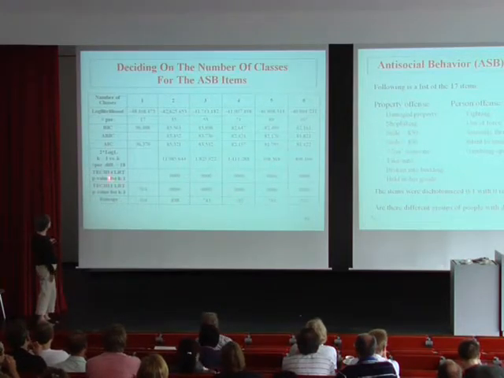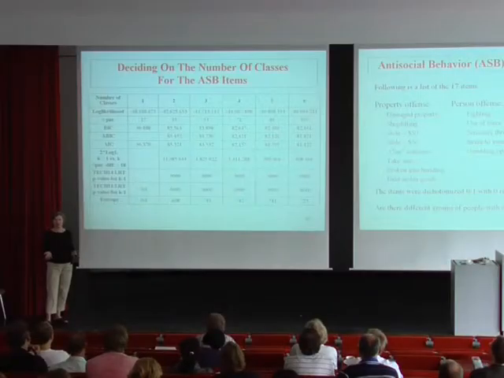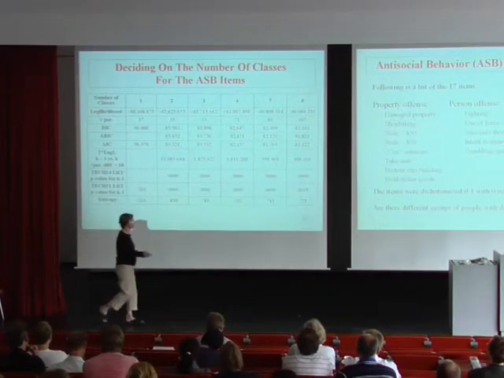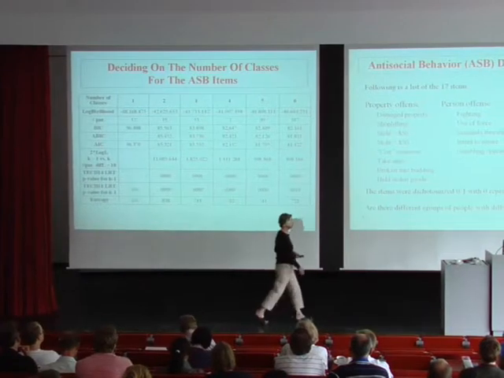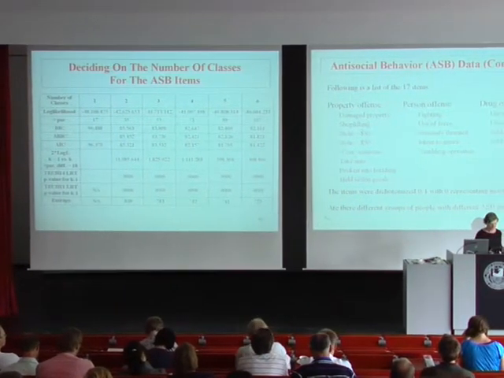And here's a situation where neither Tech 14 nor Tech 11 show any increase in the p-values to help us determine the number of classes. So here's a situation where really we haven't gotten much help at all from any of these tests. So we need to consider other information.